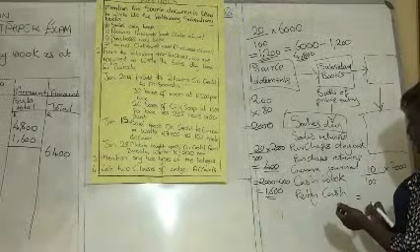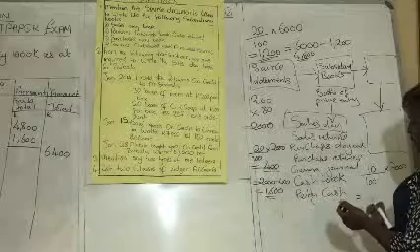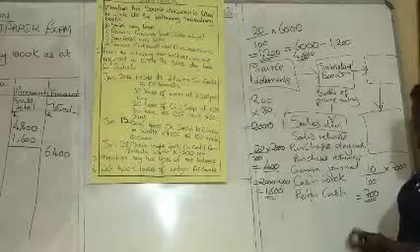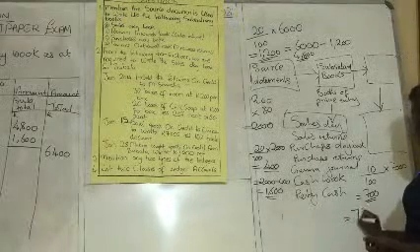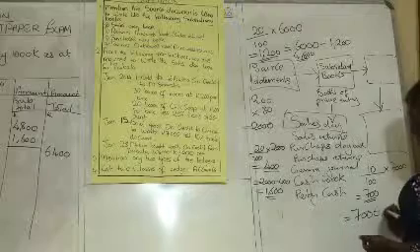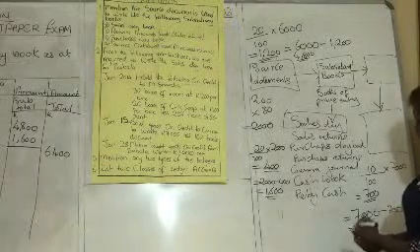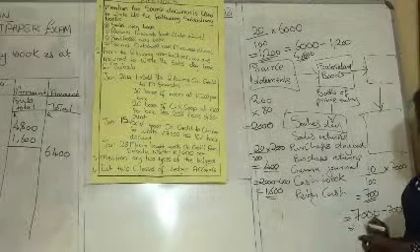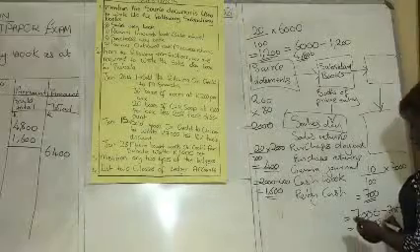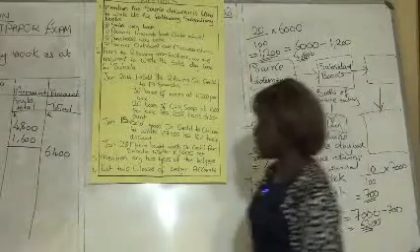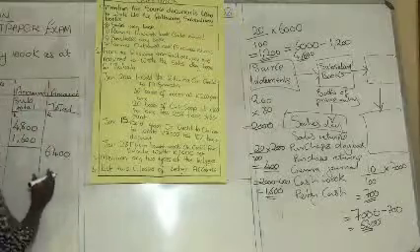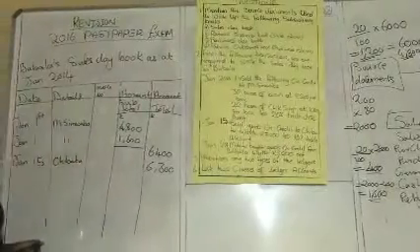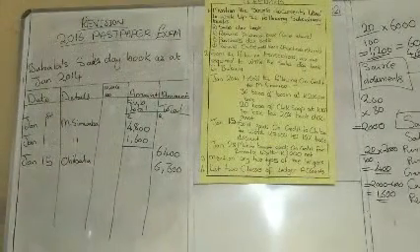Our answer is 700. So 7,000 minus 700, our answer is 6,300. So that's the amount that we place in our total. We are done with the 15th question.